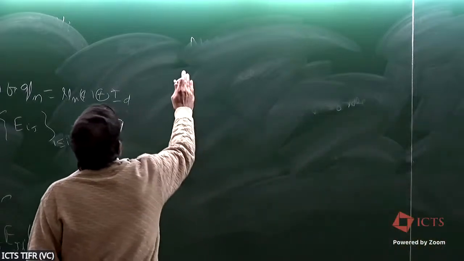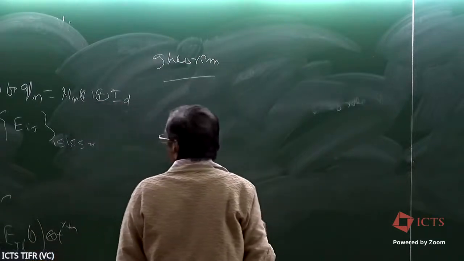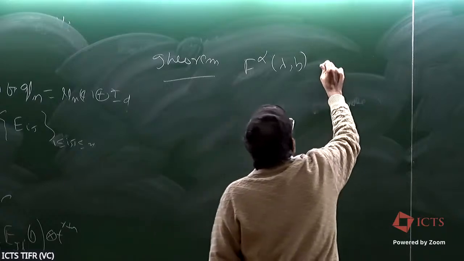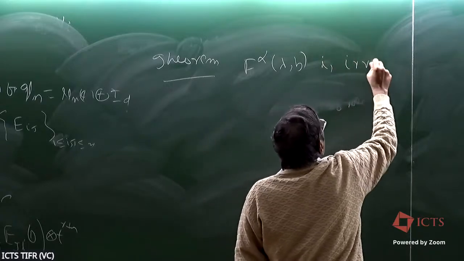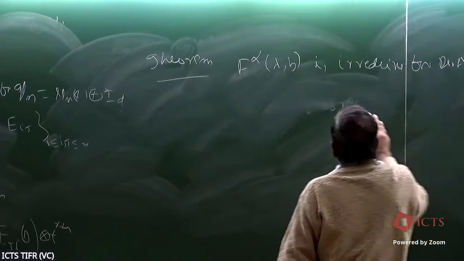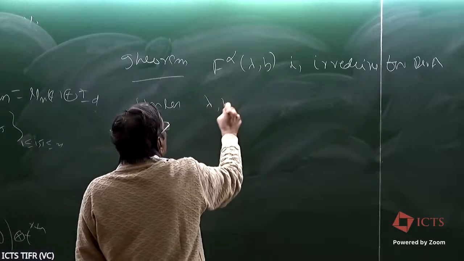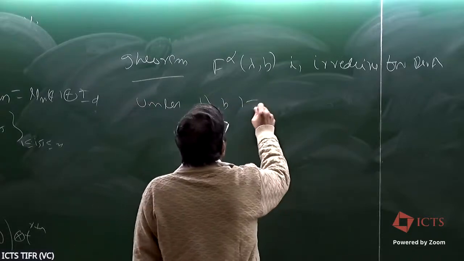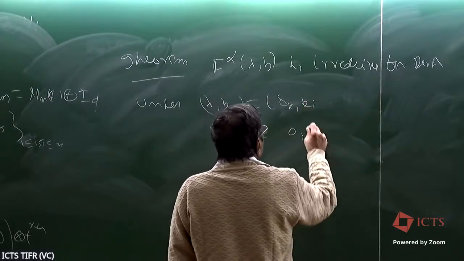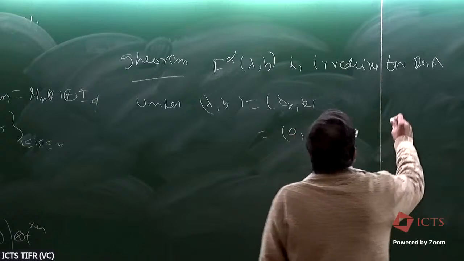So theorem: F(alpha, lambda, beta) is irreducible for Der A unless lambda, beta equals, I will tell you what it is, delta_k, R_0, beta. And delta_k is actually minuscule weights.